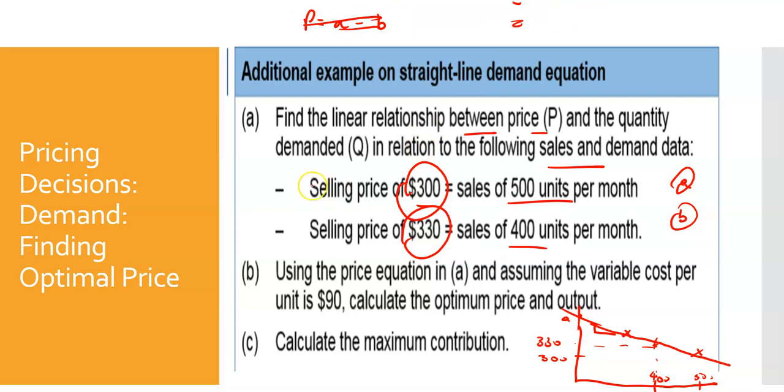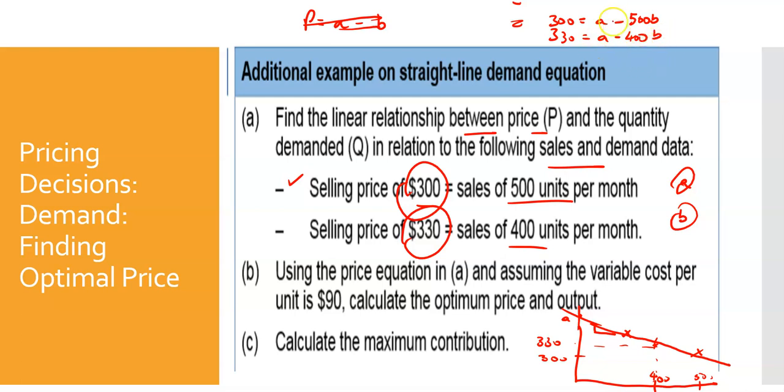P, I'll take this first one, 300, is equal to A minus 500B, right? Because that's the price. Then I also have 330 is equal to A minus 400B.